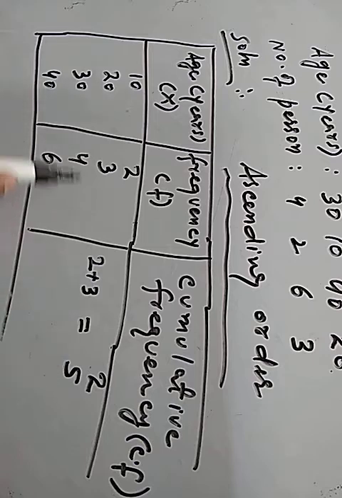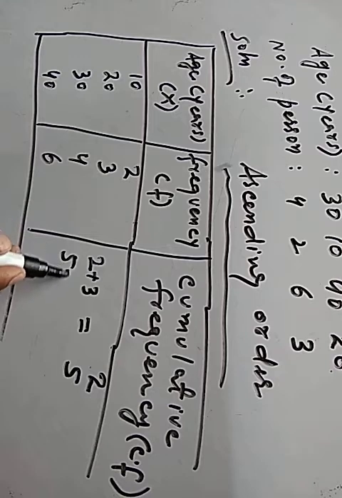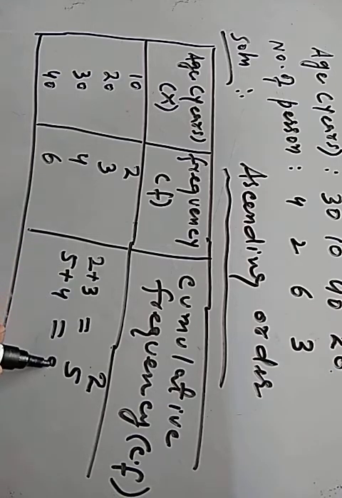Now to this value 5 we have to add the next simple frequency, that is 4. In our example 5 plus 4 is equal to 9. And 9 will be added by this simple frequency, 9 plus 6, equal to 15.